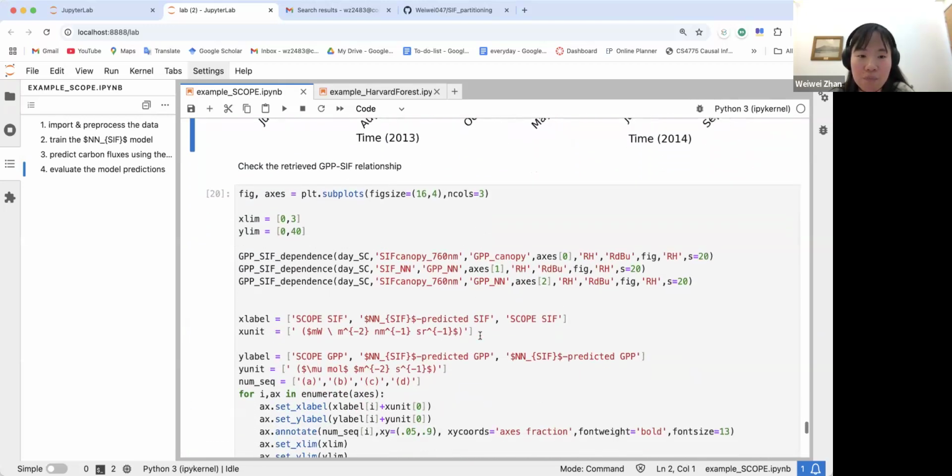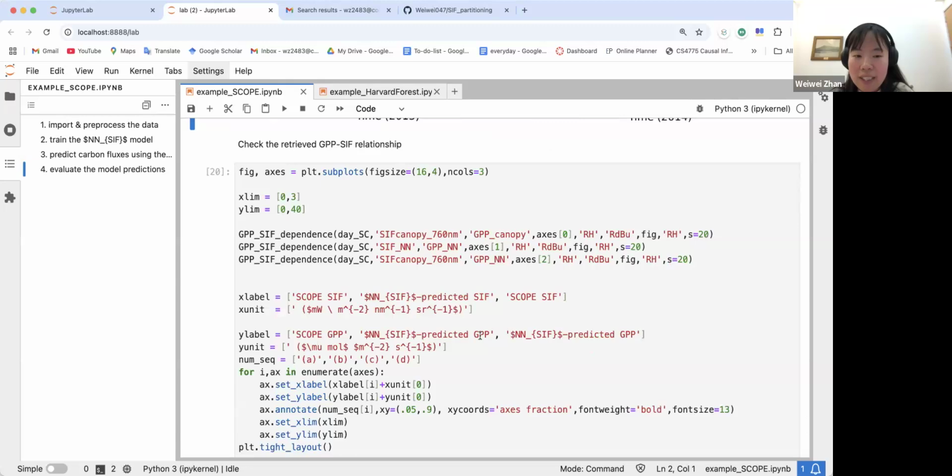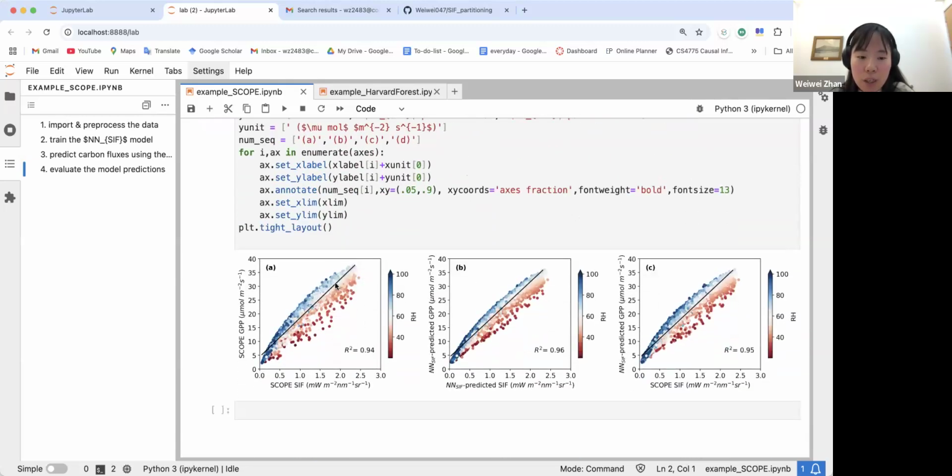Another thing we are interested in is the retrieved GPP-SIF relationship. Here we plotted the leftmost panel, which shows the relationship originally implemented in the SCOPE model, so both the x-axis and y-axis are simulated by SCOPE.